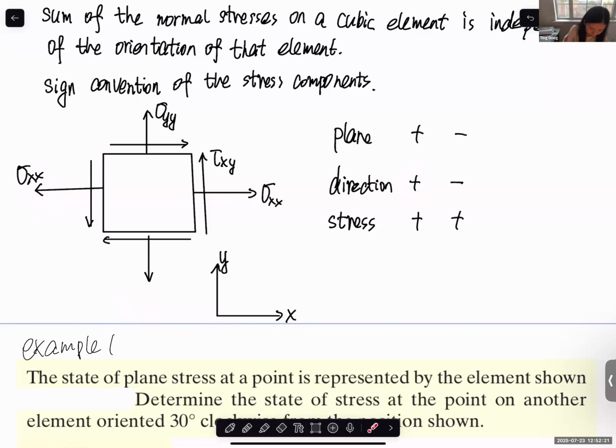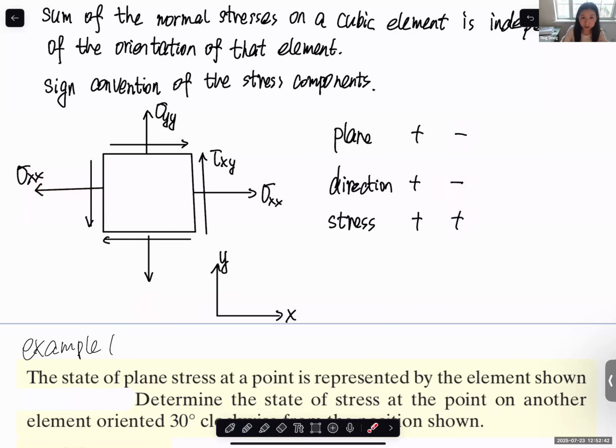The first subscript represents the plane. This is a negative x plane because it's facing the negative x direction, and the stress is also pointing towards the negative x direction. So plane is negative, direction is negative, and the stress should be positive.